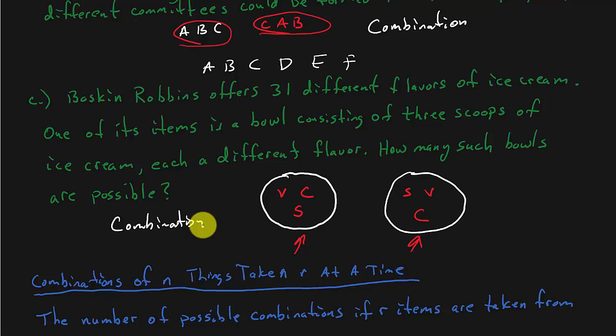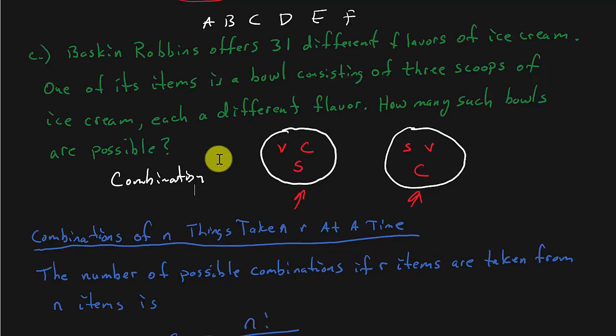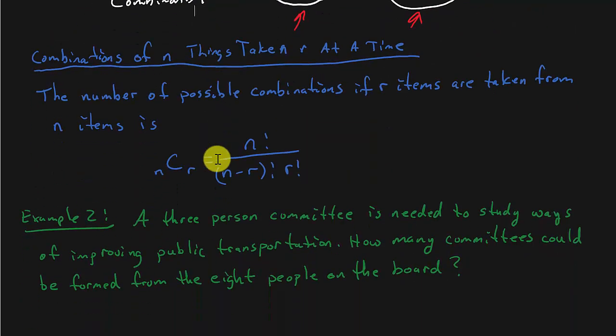So that section on combinations might have some permutations mixed in with it. And sometimes the directions will tell you use combinations, use permutations, but sometimes the directions won't say anything. They'll just say, find the number of ways, and you've got to decide which one to use.